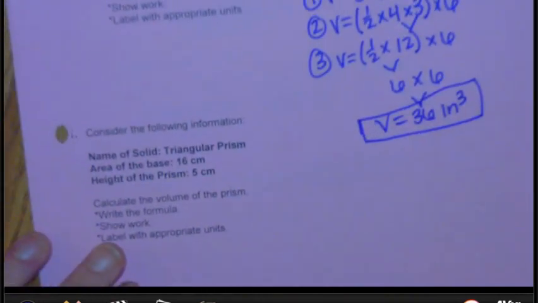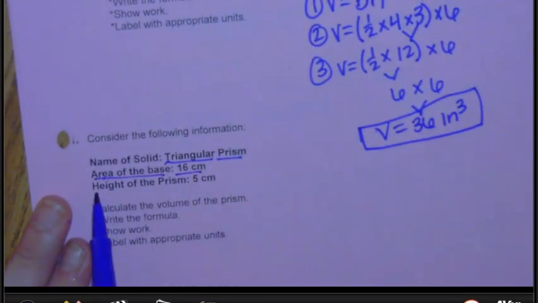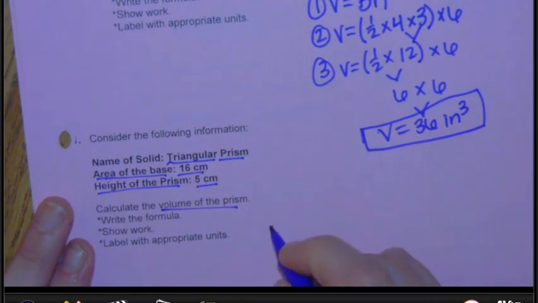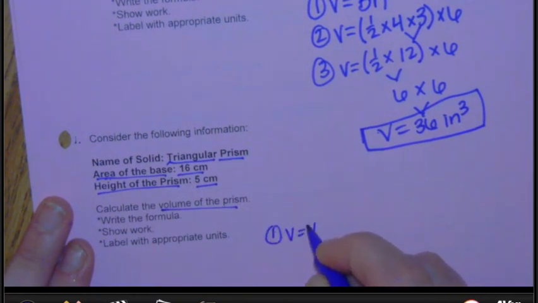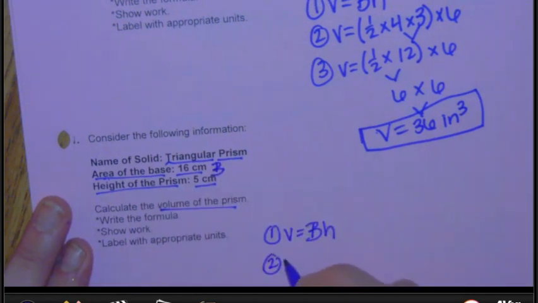All right, number 11, it says, consider the following information. Name of solid, it's a triangular prism. Area of the base is 16. Height of the prism is 5. Calculate the volume of our prism. So volume is capital B times H. I know the area of the base is 16, so I have 16 times the height of my prism, which is 5.